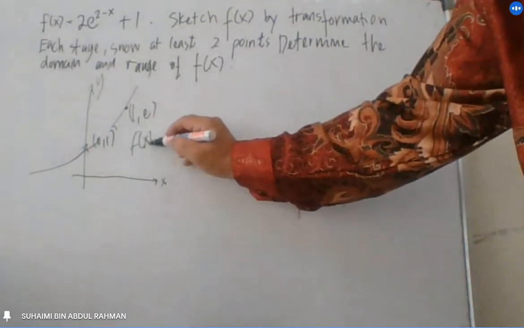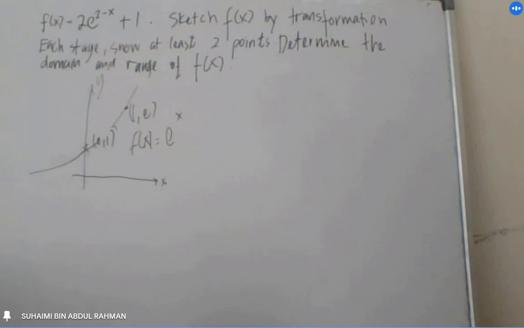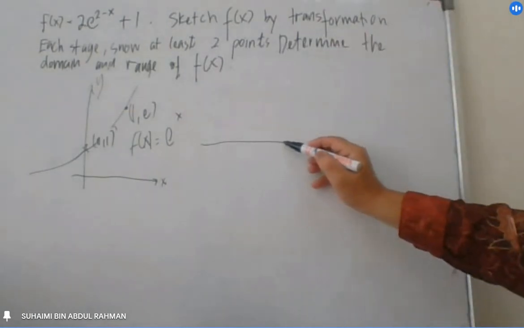The function is e to the power of x. That's the basic function. Then we start off the transformations.